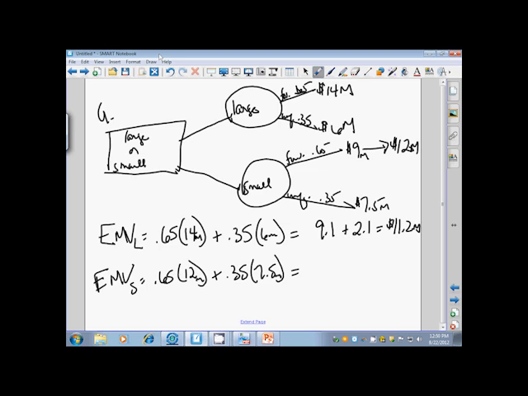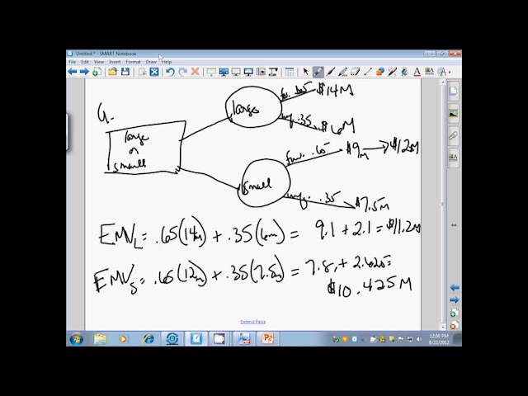And again, if I did my math right, that should give us 7.8 million plus 2.625 million, or 10.425 million that the small facility is expected to be worth.